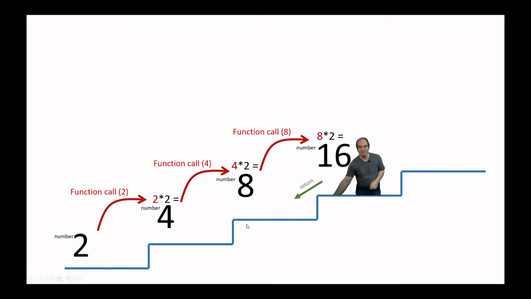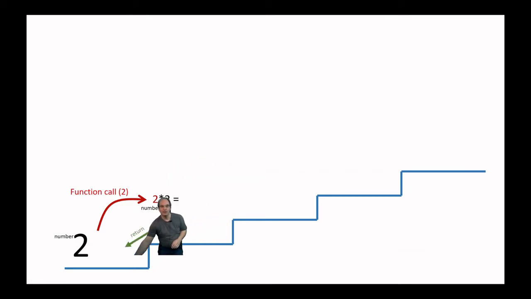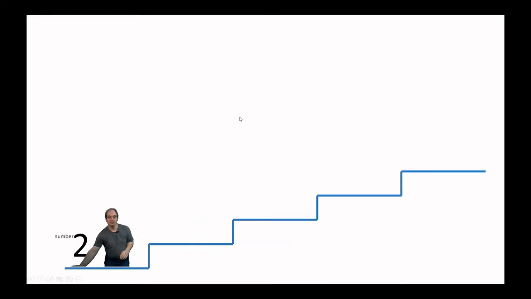So if I do this again, and if I climb down, I'm back at the ground element, and at this ground element I have the existing 2 again. So this 2 which I used for the start.